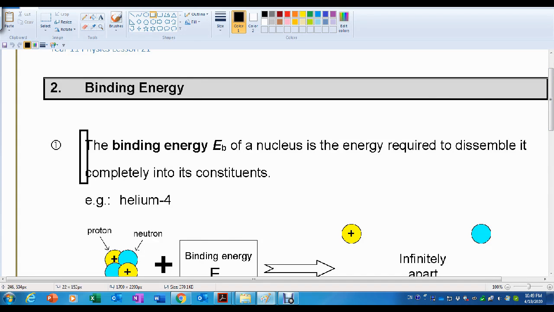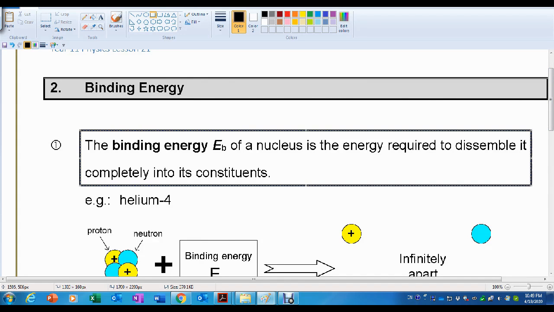Okay, the key word is the binding energy of a nucleus. It's the energy required to disassemble, which means split up or disintegrate completely into its constituents.